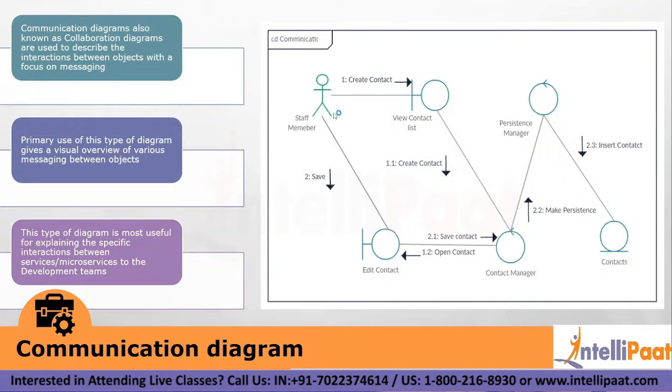Now, if the user is trying to save a contact instead of viewing one, the system will provide the user an option to save. The system will also provide an option to edit, because a user can either save directly by adding a new contact, or edit an existing contact and then save it. So in that case, the system would also give a save option.